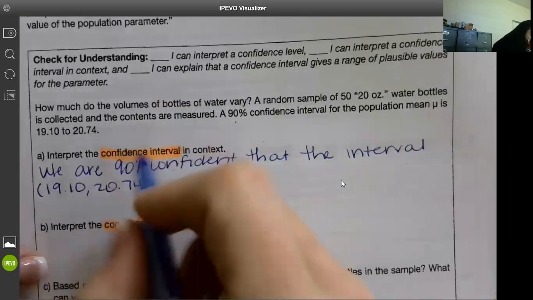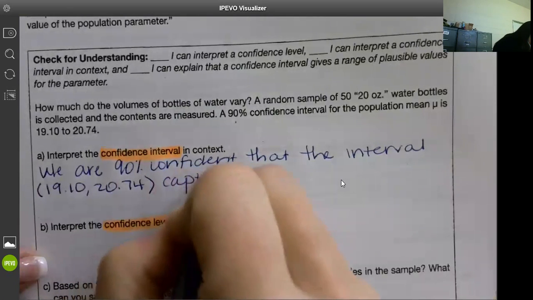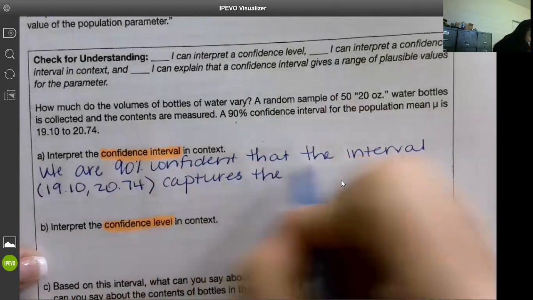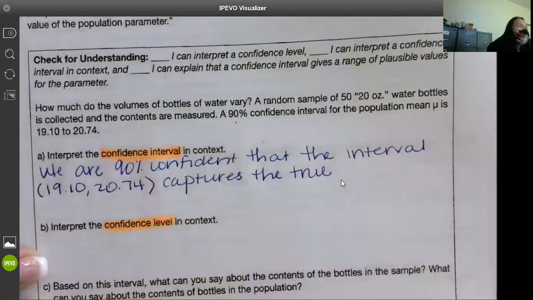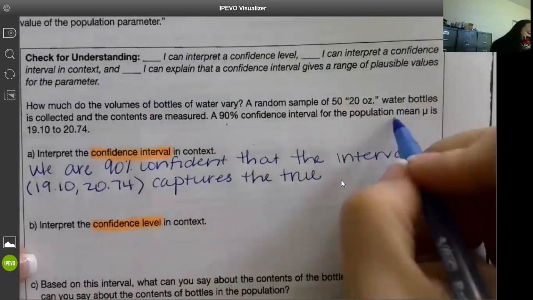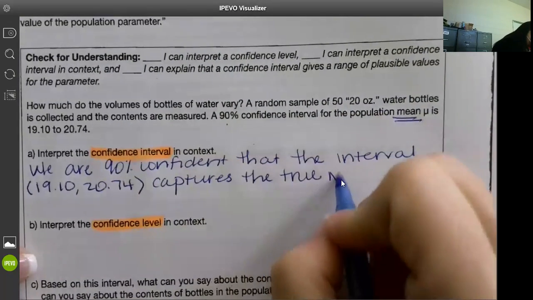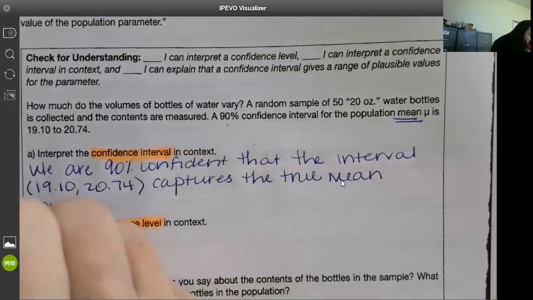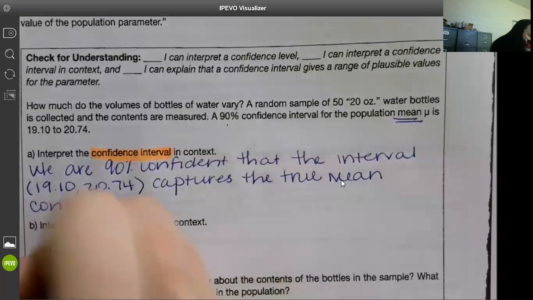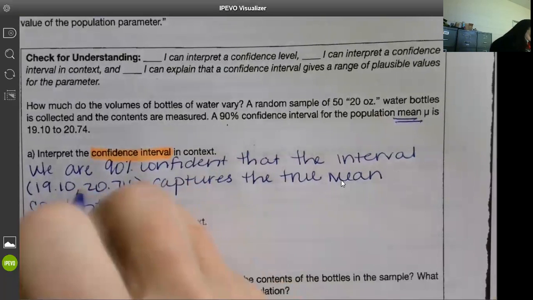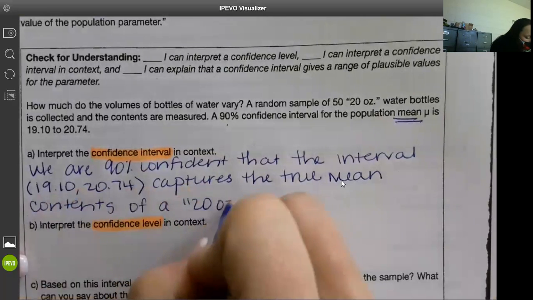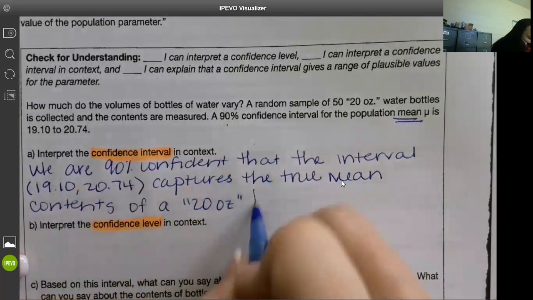The interval captures the true, and then we were talking about the population mean. So the true mean, and in context of the problem, contents of a 20-ounce bottle of water.